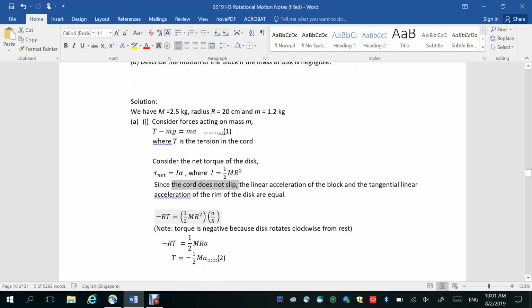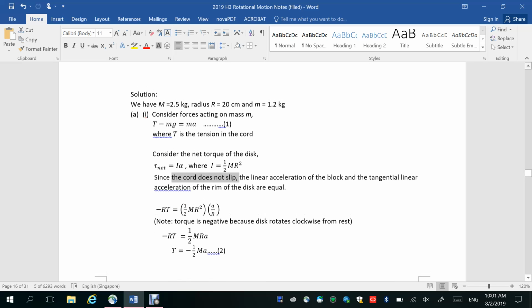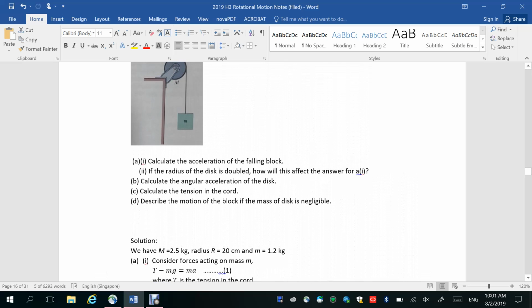So for the torque, it will be force times the perpendicular distance. The force will be the tension, which is going down. Because it's going down, if I turn towards the axle, this will be a clockwise direction. So the torque will be a negative torque, according to my sign convention.